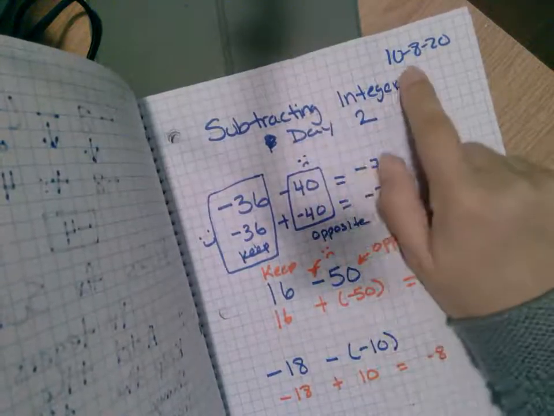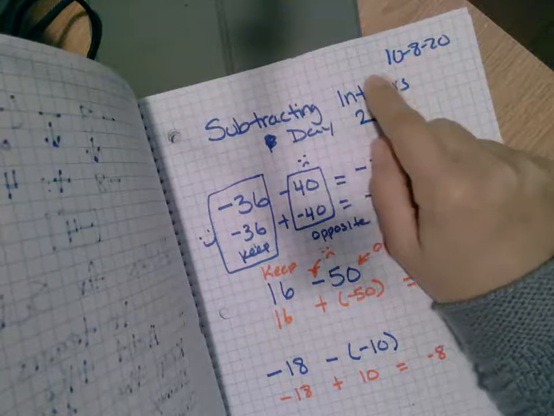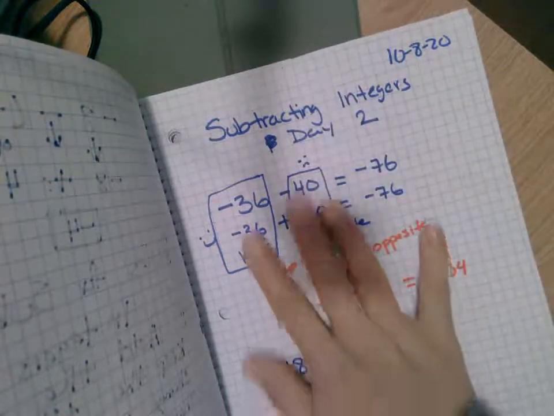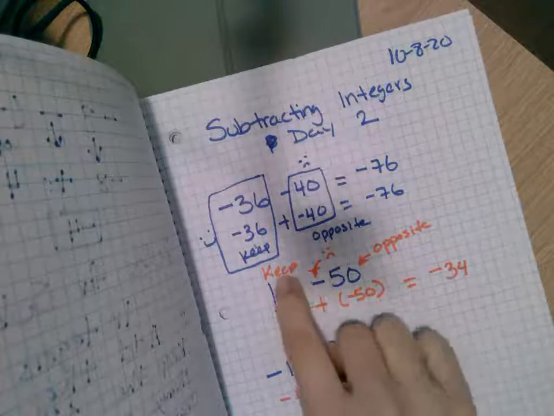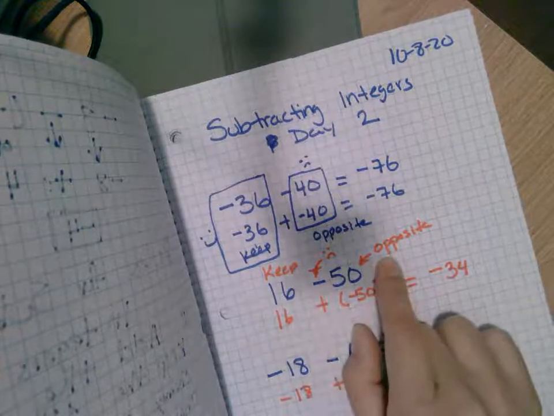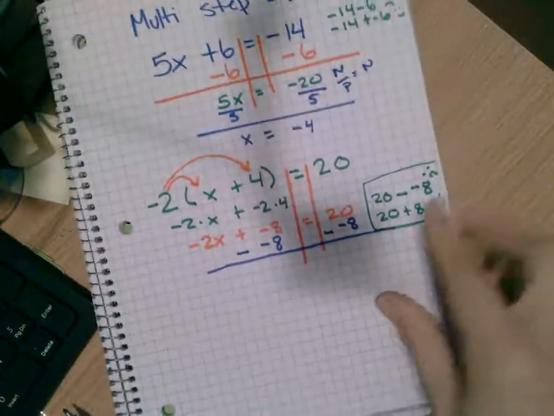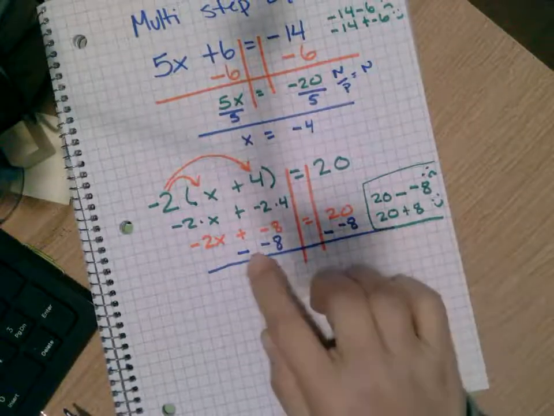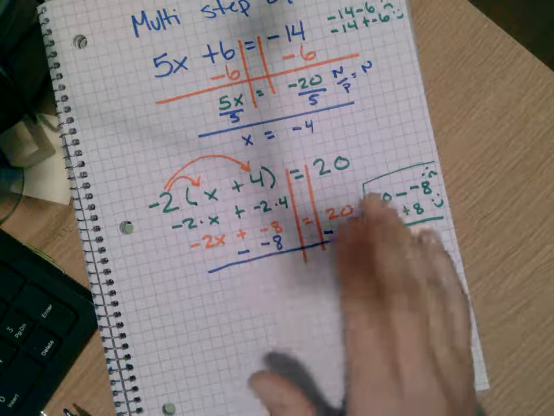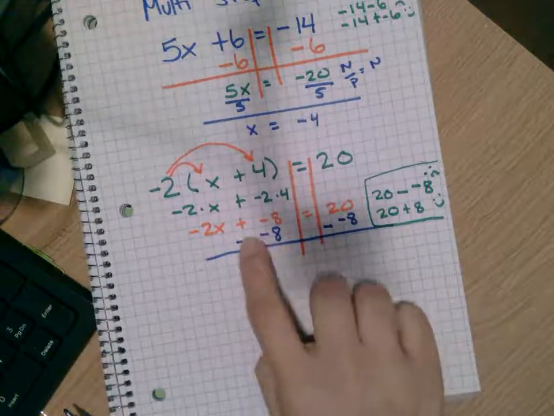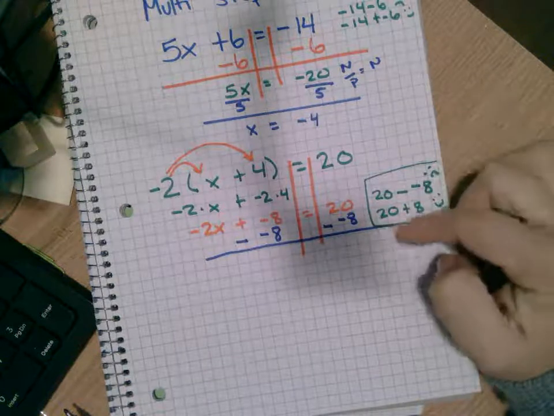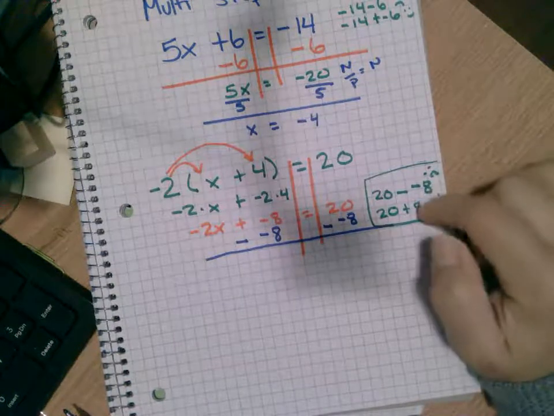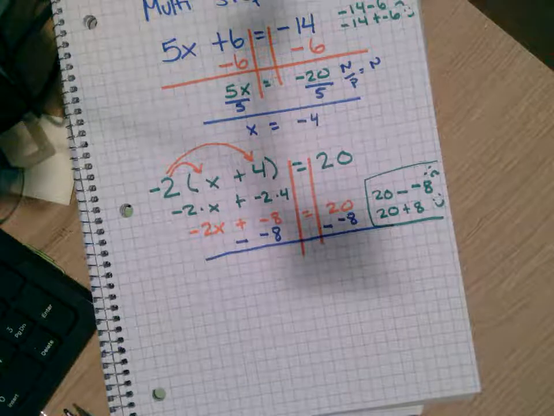Oh, okay, so October 6th is when I first taught you how to do subtracting integers. So you keep and then you do the opposite. Keep, change it, opposite. Be careful. But that's over here when I do the math, not when I'm moving it over. Okay, so the blue was when I moved it over. This part, which is green, which is kind of hard to tell, is what you've already learned in beginning of October.